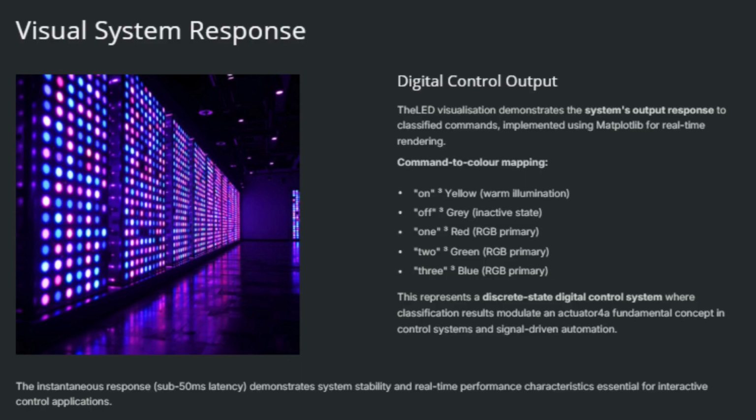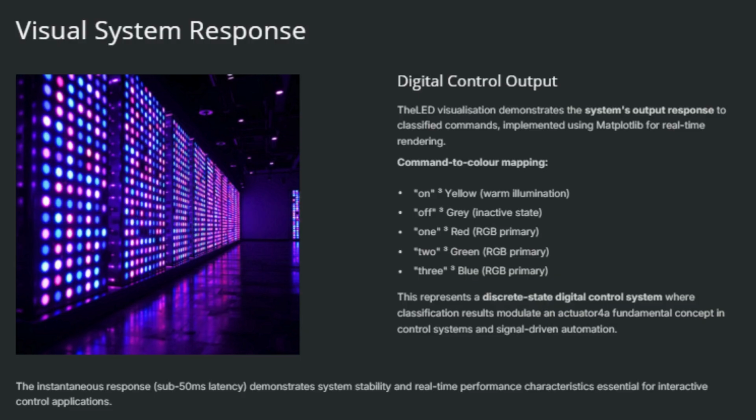The LED visualization acts as the system's observable output. Each recognized command corresponds to a specific color: yellow for on, gray for off, red for 1, blue for 2, and green for 3. This visual feedback represents the system's state response to a given input signal. The system instantly updates when a new command is recognized, just like a feedback control loop in an electrical network.